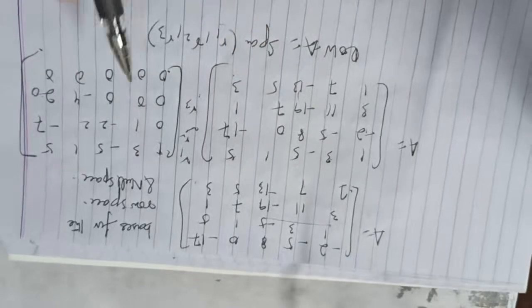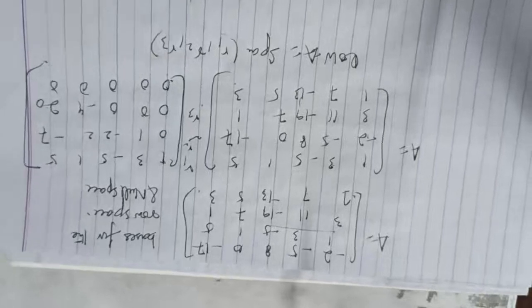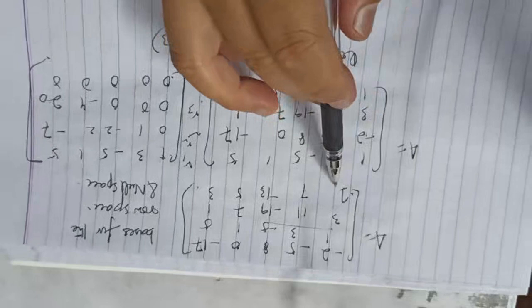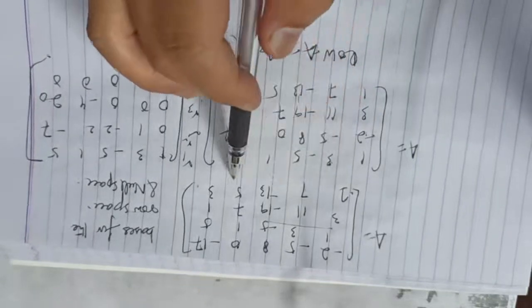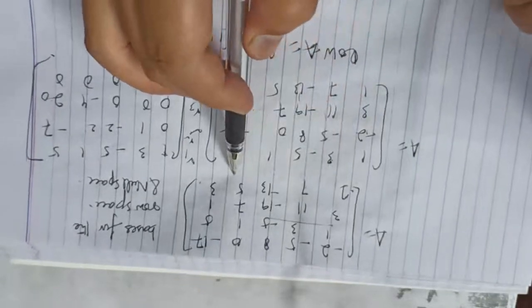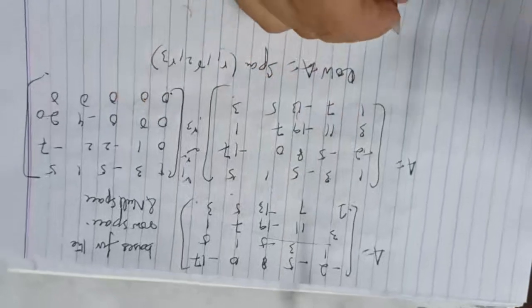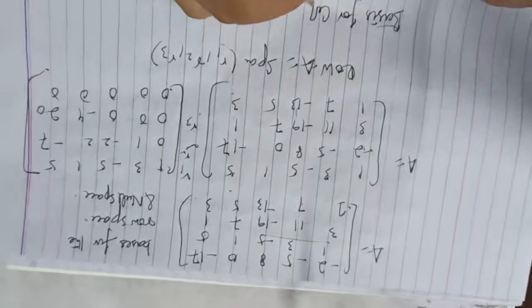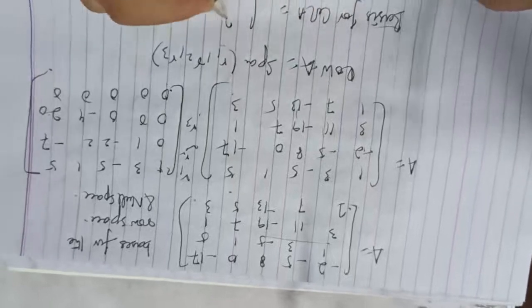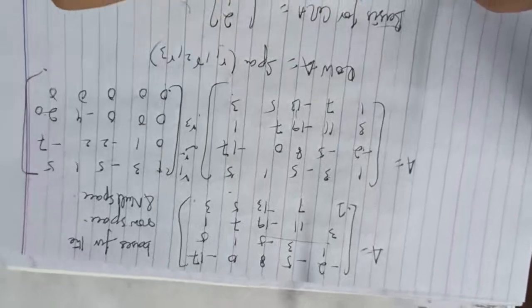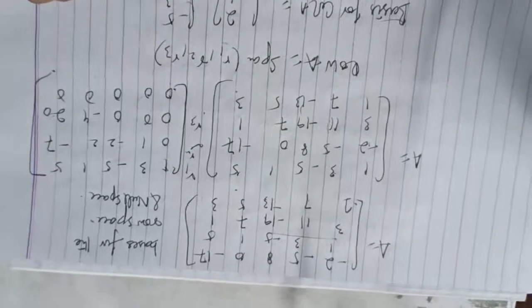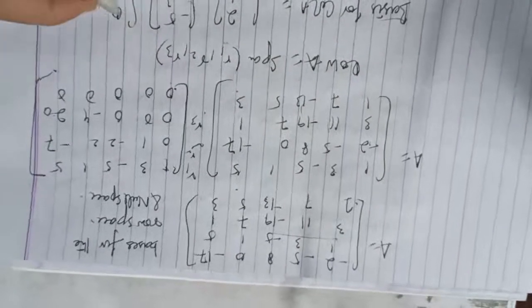So columns 1, 2 and 4 are pivot columns. We go to the original matrix A and take the 1st, 2nd and 4th columns as the basis of the column space of A. So the basis for the column space of A is (2, 1, 3, 1), (-5, 3, 11, 7) and (0, 1, 7, 5).